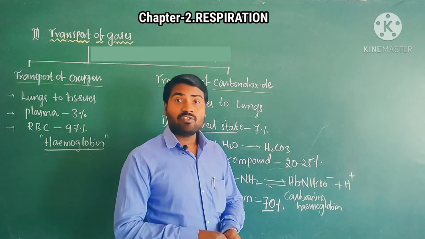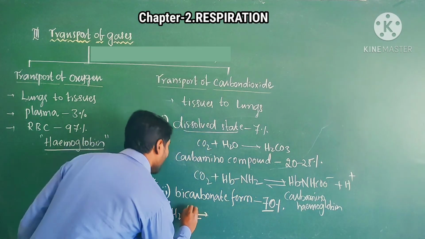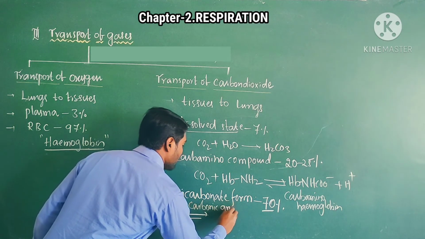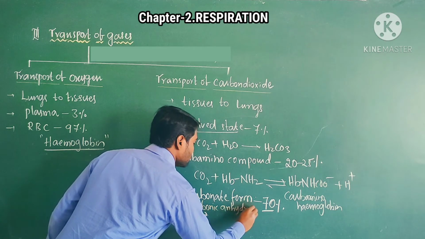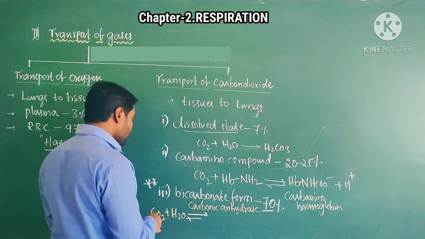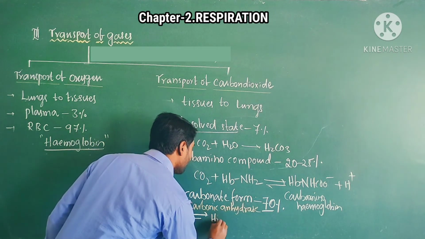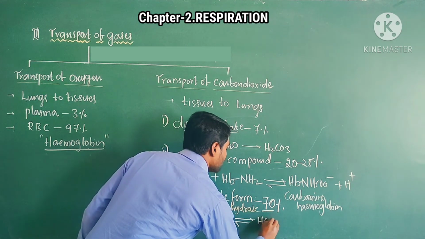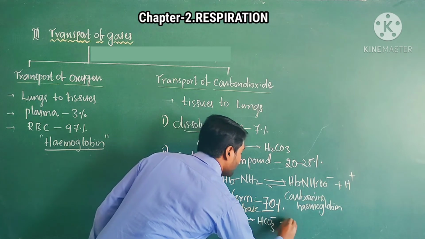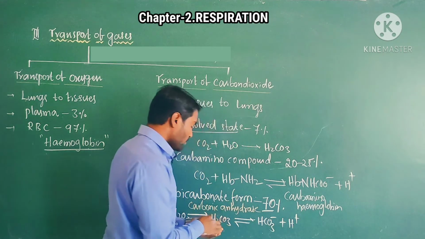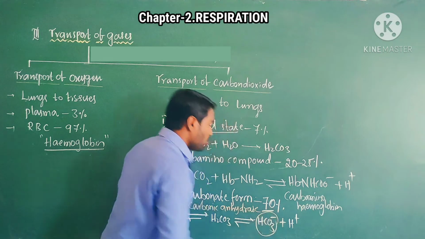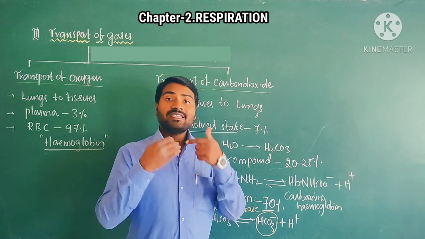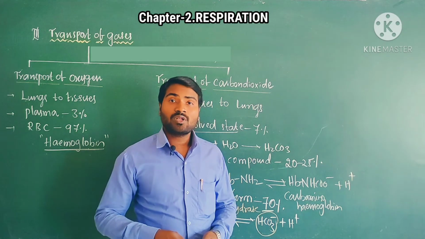That enzyme name we have to remember: carbonic anhydrase. In the presence of carbonic anhydrase, it first becomes carbonic acid and then becomes bicarbonate plus hydrogen ions. HCO3 minus is the bicarbonate form. So in this way carbon dioxide returns to the lungs.